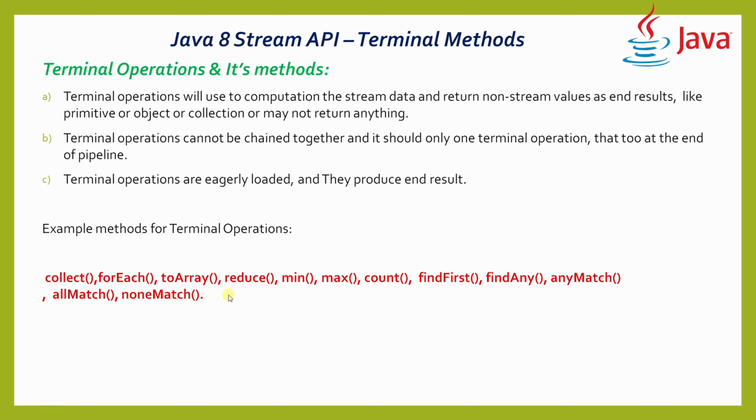In the Stream API there can be zero or more intermediate operations, but there must be exactly one terminal operation. Terminal operations cannot be chained together, because you cannot use more than one terminal operation. Terminal operations are eagerly evaluated, and they produce the end results.